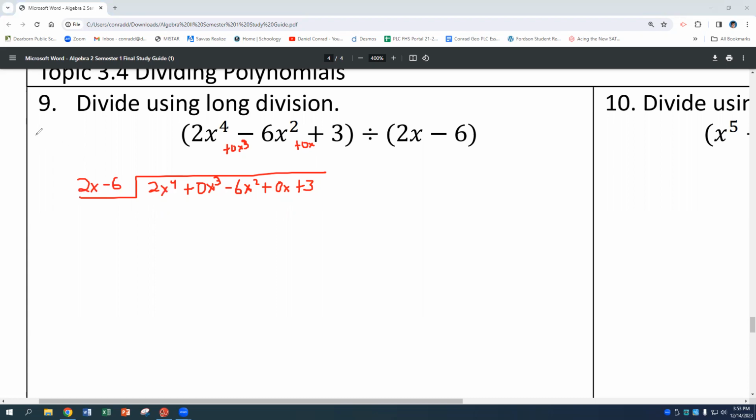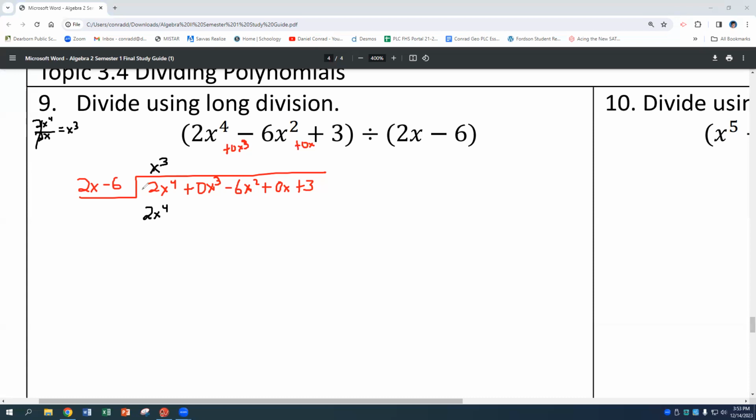Okay, we need something. How many times does 2x go into 2x to the fourth? One way you could do this is divide them. If we divide them, 2's cancel, x to the fourth over x is going to give me x to the third. So x to the third times 2x is going to give me 2x to the fourth.